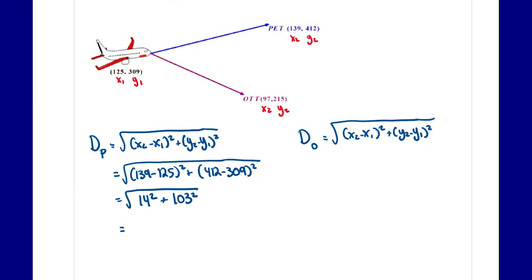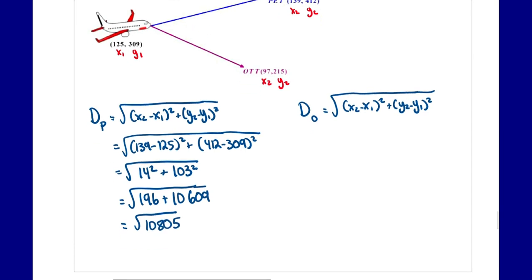Just to make sure we're doing our calculations right, I'll do the extra steps. So 196 plus 10,609 equals the square root now of 10,805, which I get as 103.9.